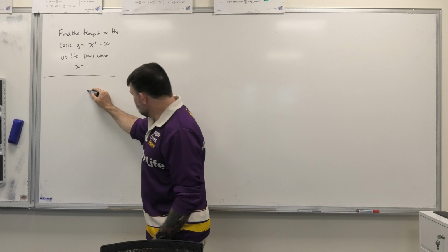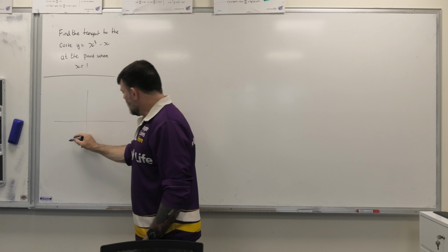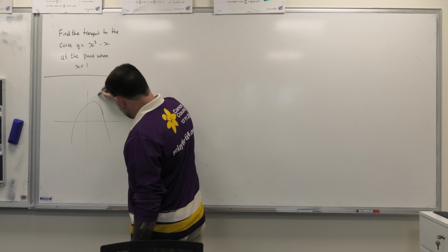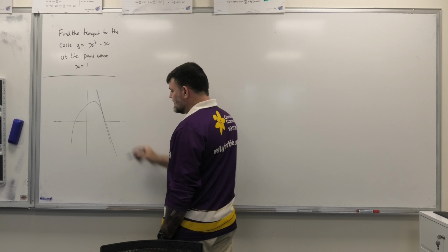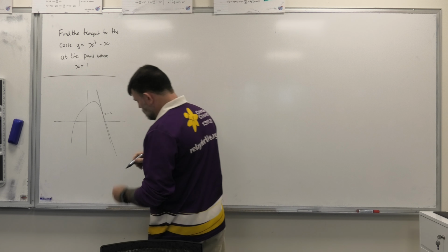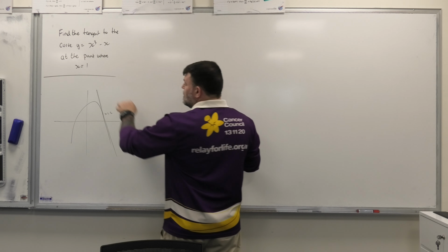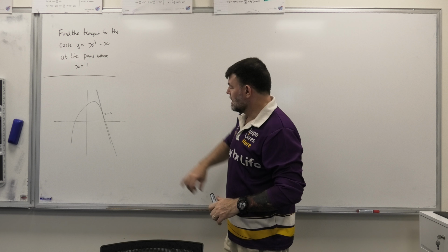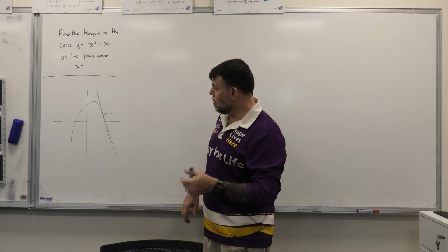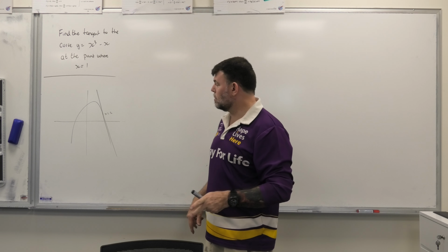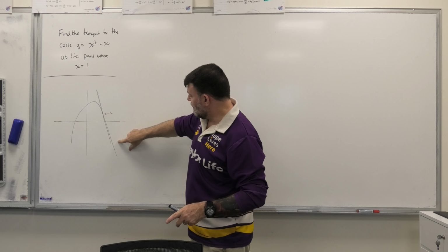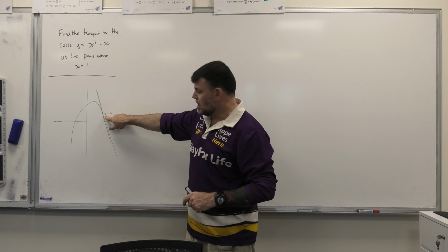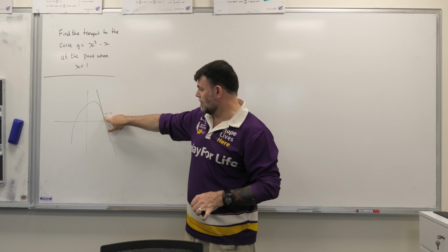So remember, if I had a graph here, and I wanted to find the tangent at a particular point, say this here was x is equal to 2, I can work out what the equation of this tangent line is when it touches that gradient at this point. So what this whole exercise is working out is, what is the equation of this line at the exact point the gradient is occurring on this curved line.